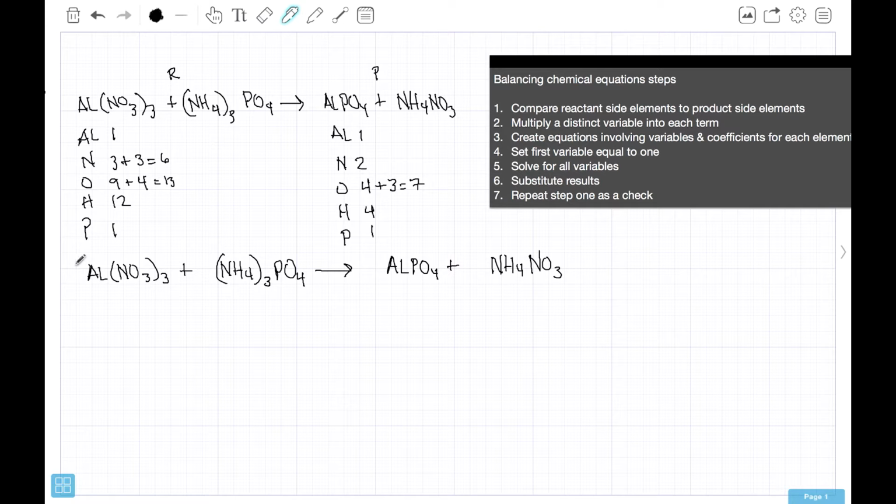Okay, and for my distinct variables, I'll have A, B, C, and D. So this is going to get multiplied into each element in each term. So same thing happened there, same thing happened here, and so on.